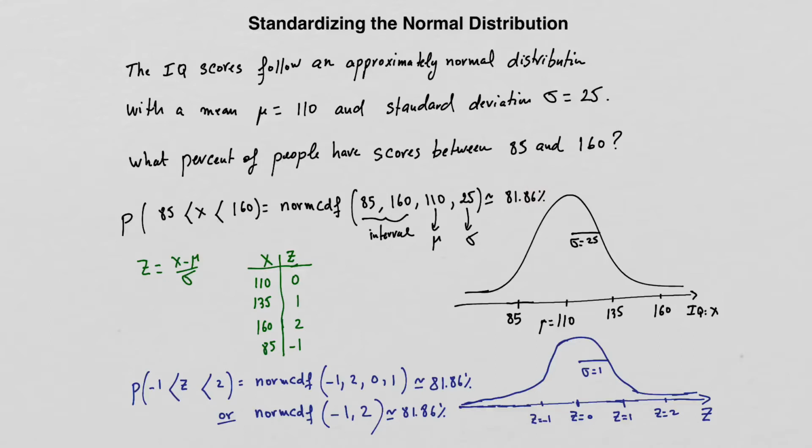All it means is if these numbers are true, and I think they are, if I walk around the US, just randomly walk around and grab one person at random, what's the chance that that person has an IQ score between 85 and 160? That chance is 81.86%, close to 82%, which is fairly high, okay?